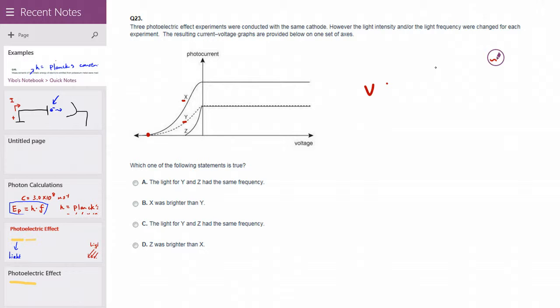So V stopping for X is the same as V stopping for Y. This is an indication that the maximum kinetic energy of an electron when X shined on the metal should be the same as the maximum kinetic energy of an electron of Y shined on it.